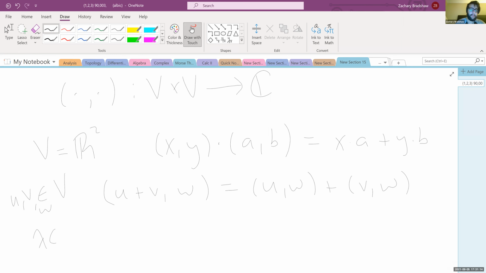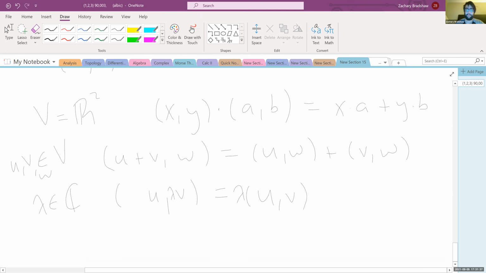And if lambda is in my field, then in quantum mechanics we want linearity in one slot, so the inner product of lambda u with v is equal to lambda times the inner product of u with v. And we want this to be conjugate symmetric, meaning if we flip the arguments around, we have to conjugate the resulting number, and then these two things are equal.